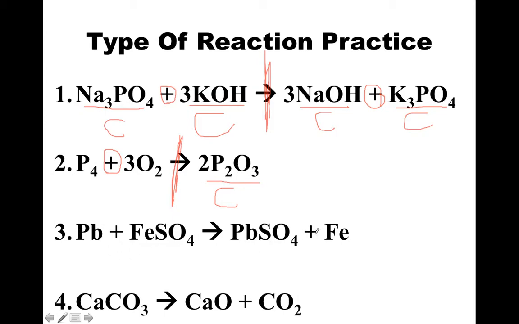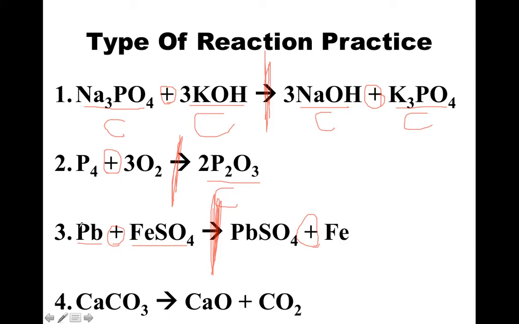All right, let's look at this third one. Again, draw your line down the arrow, and I circle my plus signs, and I have 2 again. So that means it's either double or single replacement. I can narrow it down. Now I ask myself, do I have a single element or compounds?